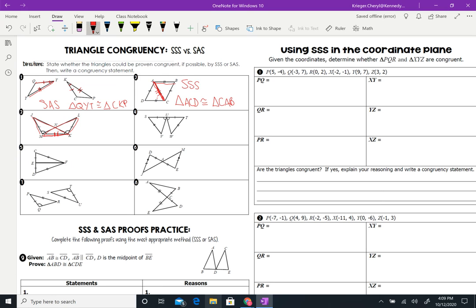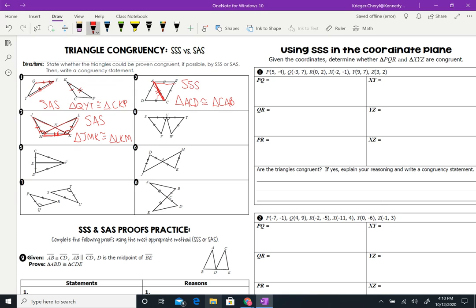Do you guys see it? Side, angle, side. So let's say that JMK is congruent to, what would it be? LKM.